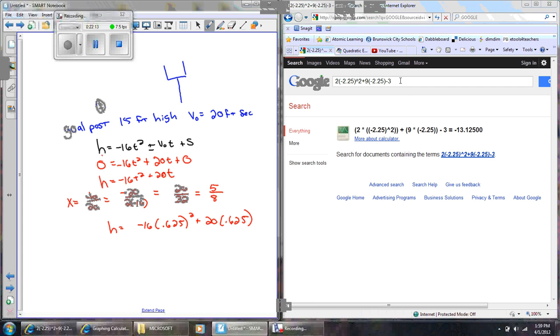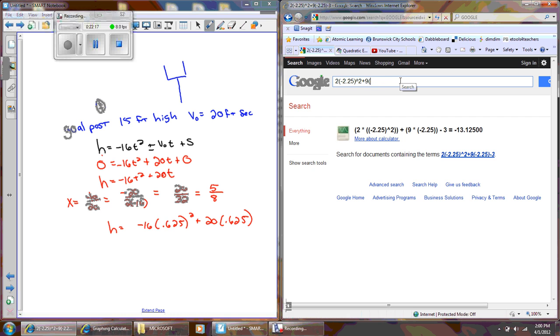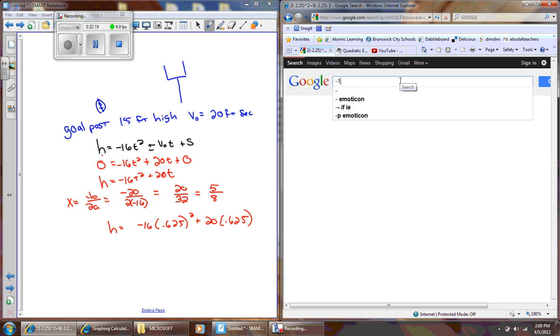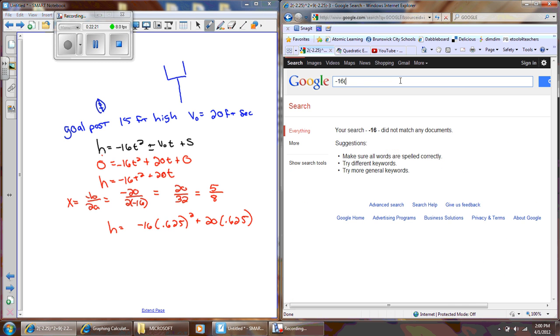Okay, so now I'm going to get rid of all that. Go with negative 16, start a quantity. What was it? 0.6. Oops. 0.625. I'll get it right eventually.